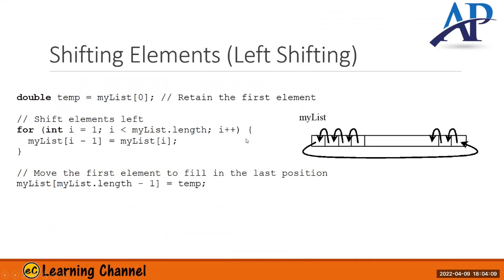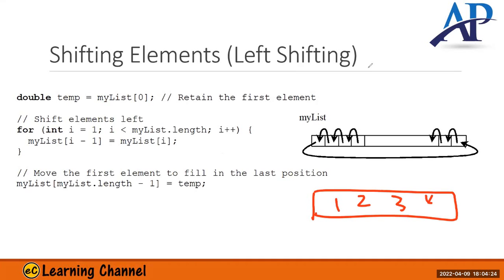Okay, so second we have shifting of the elements. Let's assume that we try to shift the whole array to the left. So we have an array 1, 2, 3, 4, with indexes 0, 1, 2, 3. We try to shift it to the left.